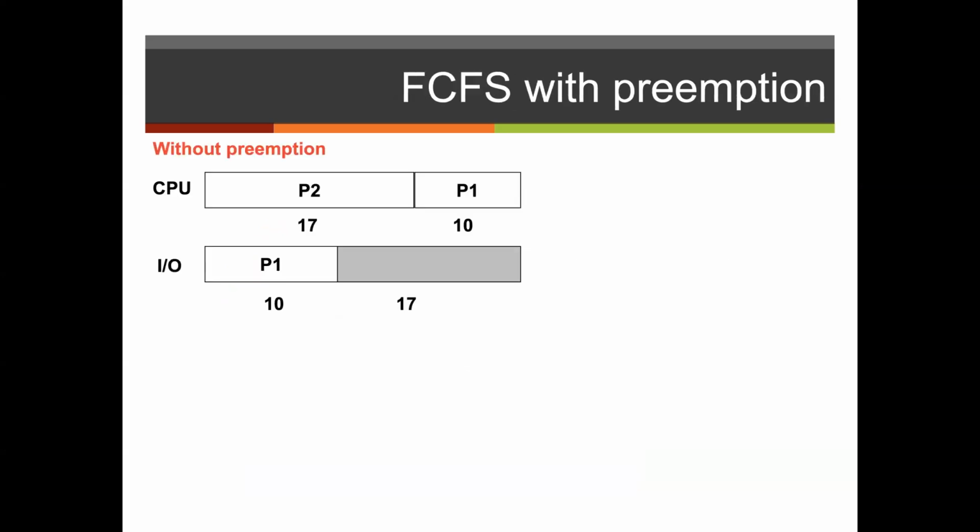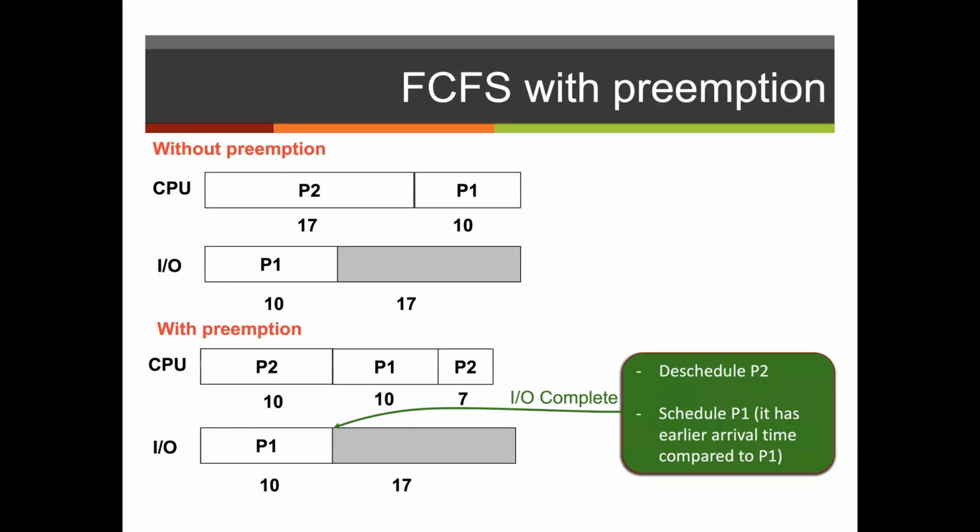And so first come, first serve without preemption, we have the utilization of the IO and CPU. And so in this case, with preemption, we deschedule P2 and we schedule P1 because it has a earlier arrival time when compared to P1.